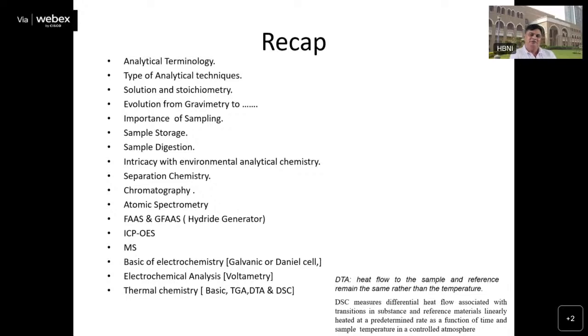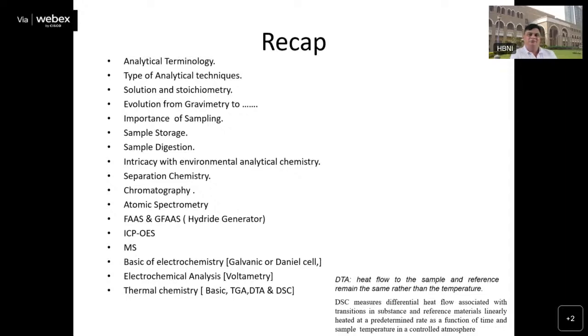If we are recording any kind of mass change with temperature, it is termed thermogravimetry, that is TGA, and sometimes we take the derivative of the mass.